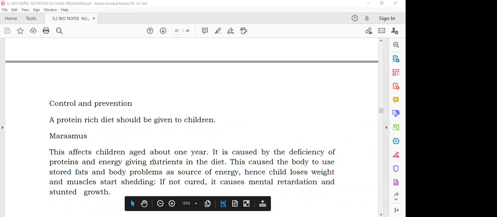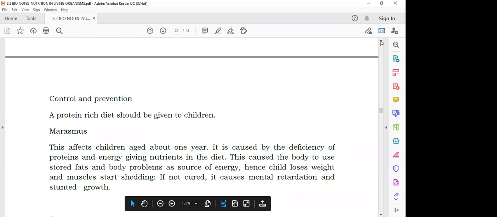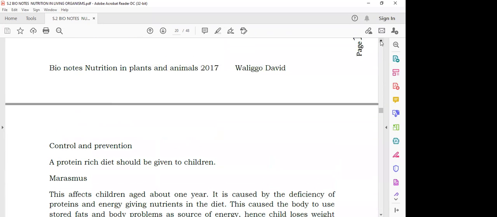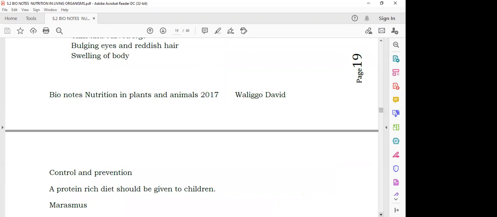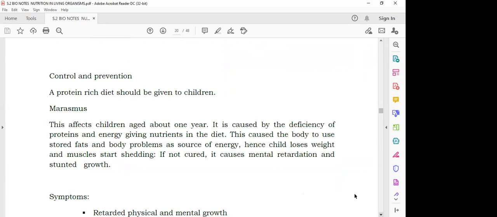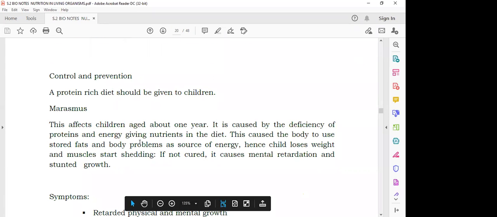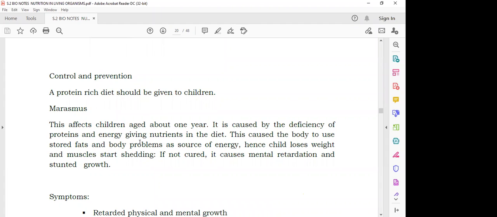Then we talked about the problems associated with the lack of proteins in the body. Here we see marasmus, which affects children, and it is caused by deficiency of proteins and energy-giving nutrients in the diet.